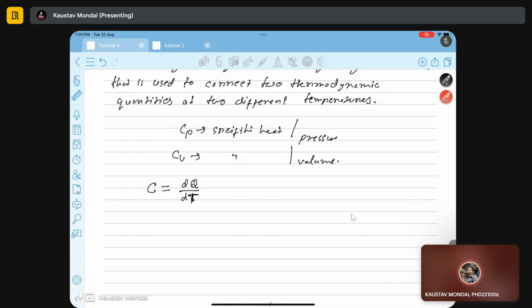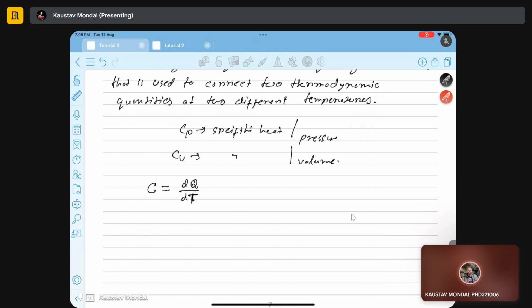The fundamental definition of heat capacity is the amount of heat that is required by a material to raise its temperature by the amount dt. So if dq is the amount of heat required to raise the temperature of a material by dt, then the heat capacity would be dq by dt.